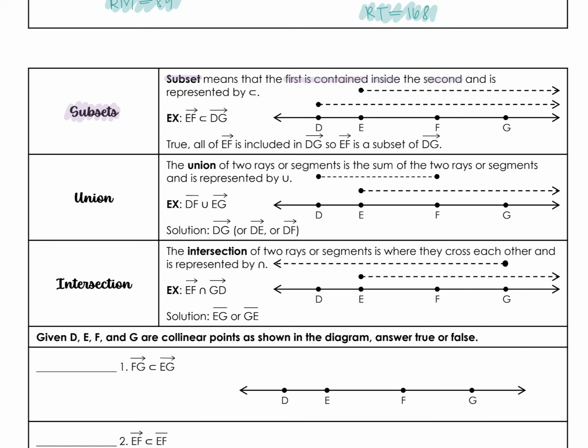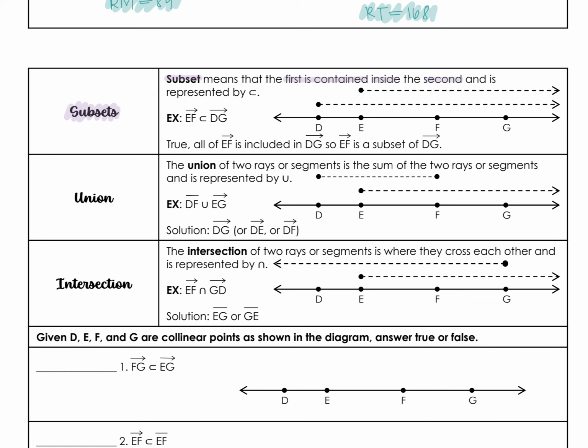We want to know, is everything in that first one going to be inside of the second one that's named? So ray DG, starting at D, going towards G, would be this ray here. Well, yes, everything in the green is inside of the blue. So this is a true statement.